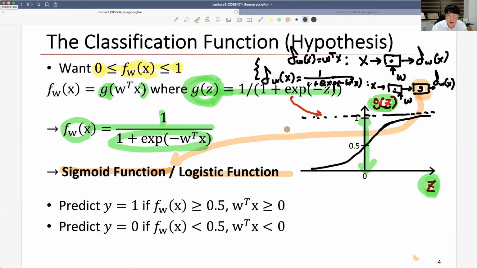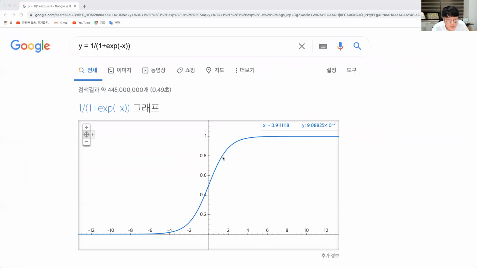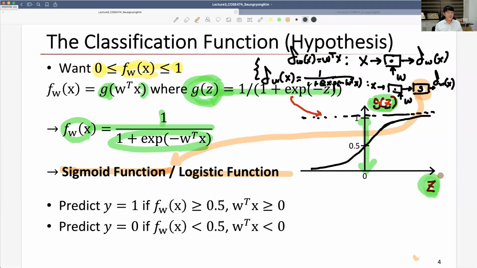So for example, if we draw this nonlinear term exactly, it looks like this. For any z value, we can map it to an output value within 0 and 1, like this. So this is the exact shape of this z function, or g function, right?